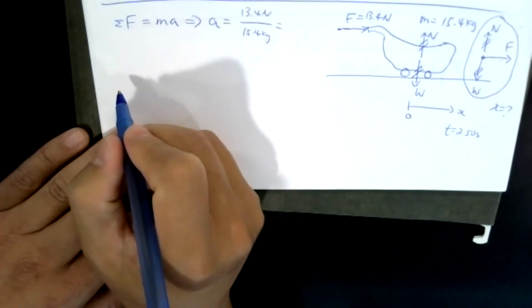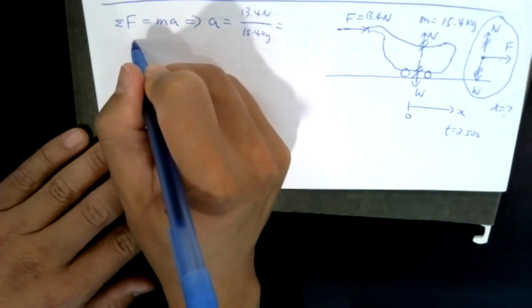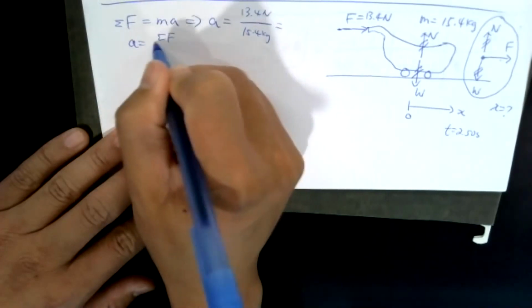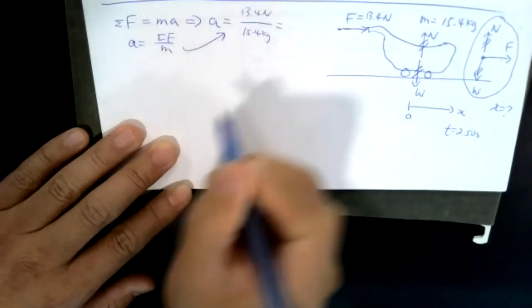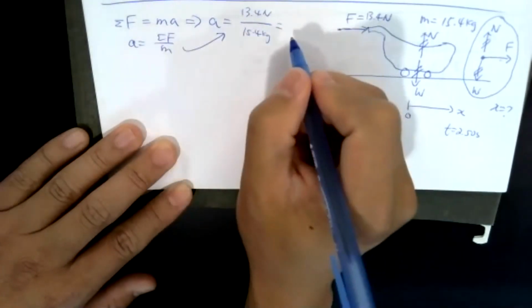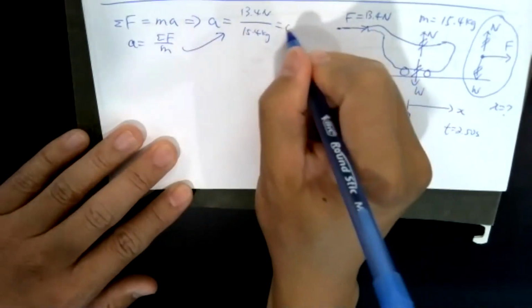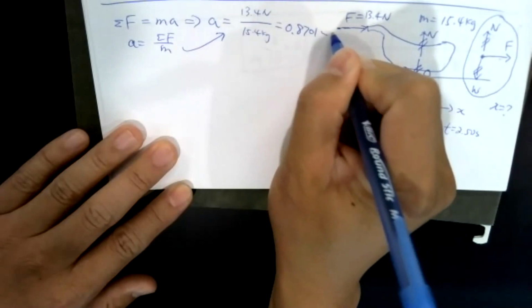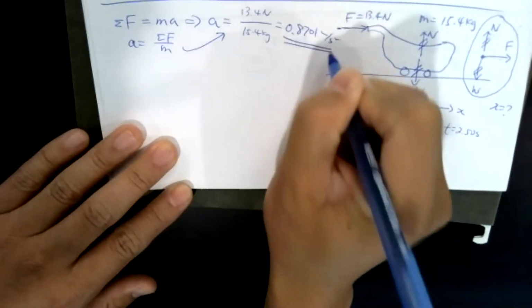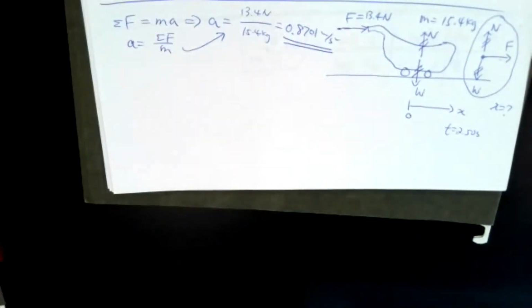That will be your acceleration equals net force over m, okay? Then plug in the numbers. So then that gives you 0.8701 meters per second squared, okay? So this is your acceleration. By giving you the net force and mass, you can figure out your acceleration quickly, okay?